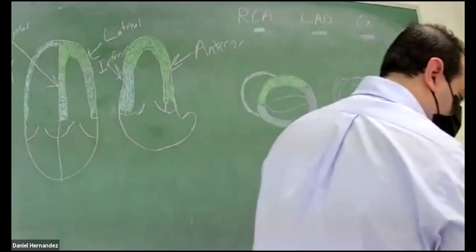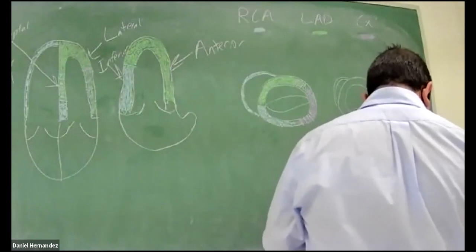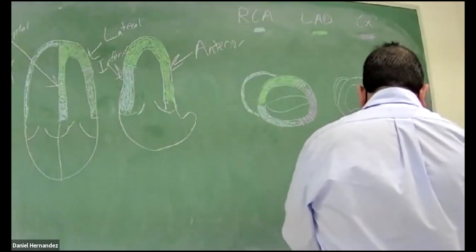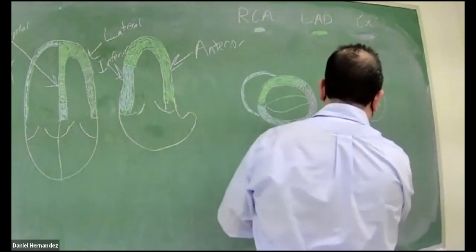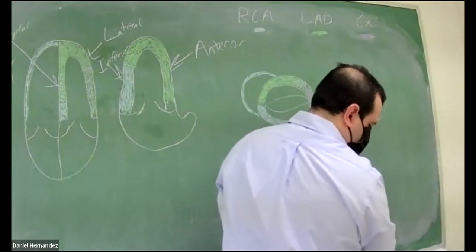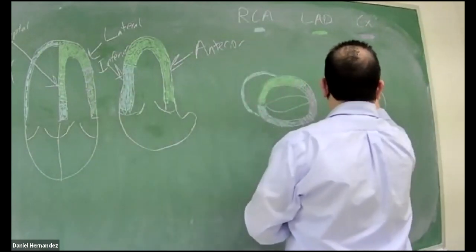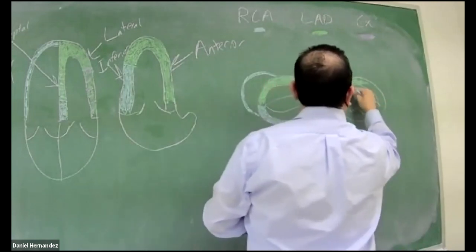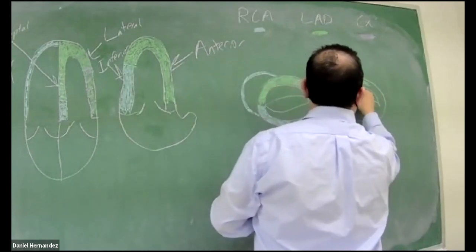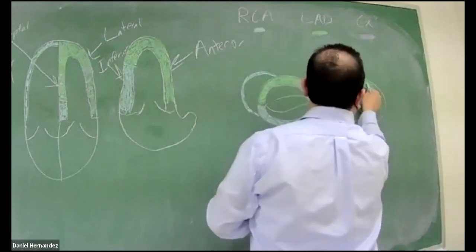So then over here we have the left anterior descending, again, anterior ventricular septum, anterior wall.